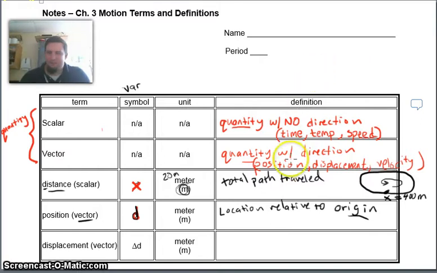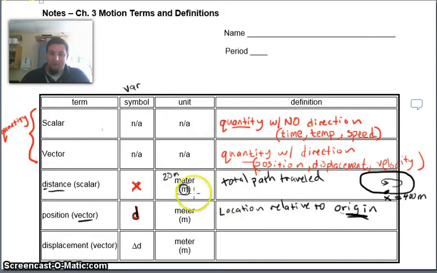It's 0, 0 on a coordinate system, and you can define where that's at. We usually just choose an object. So if I say my position is 5 meters west of the door, I'm making the door my origin. I'm stating my distance and direction relative to the origin that I chose, the door. So again, it's a quantity and a direction.